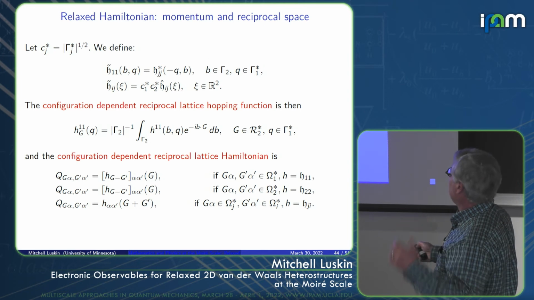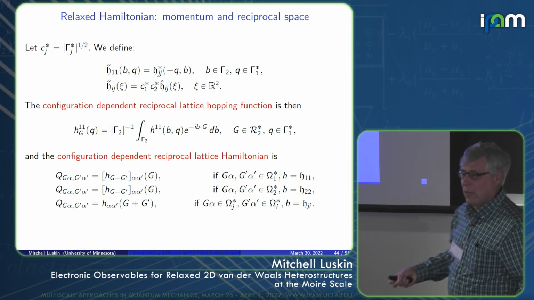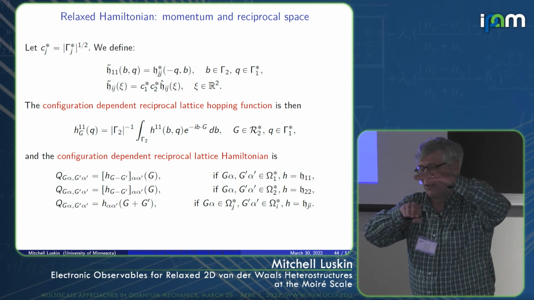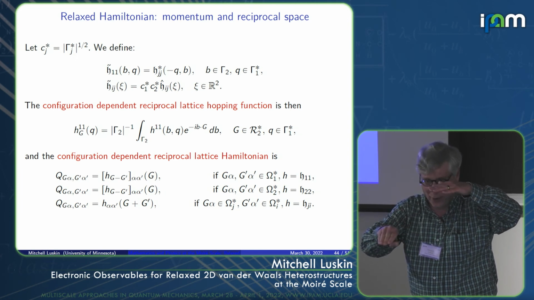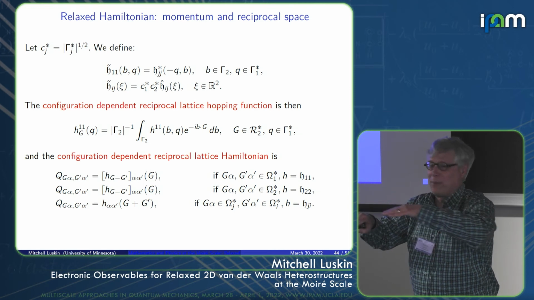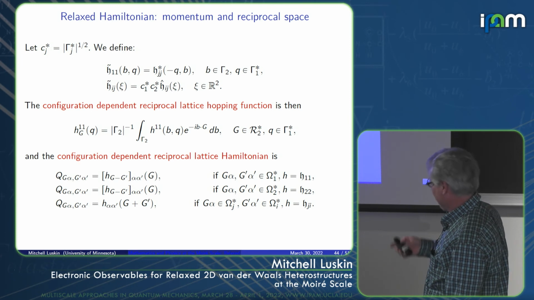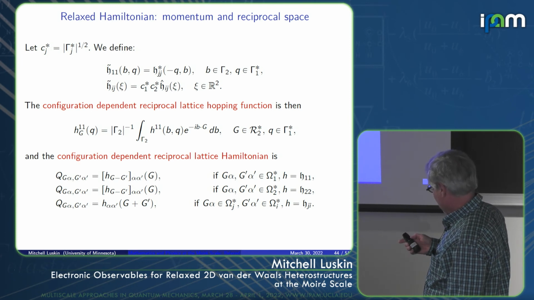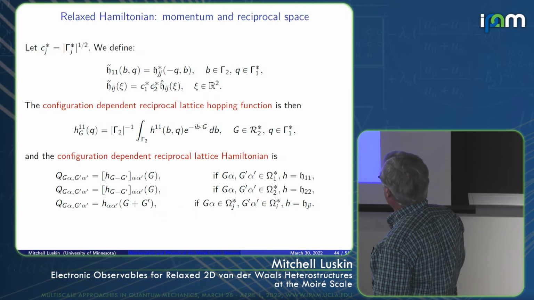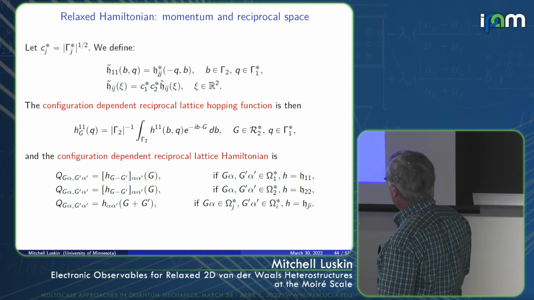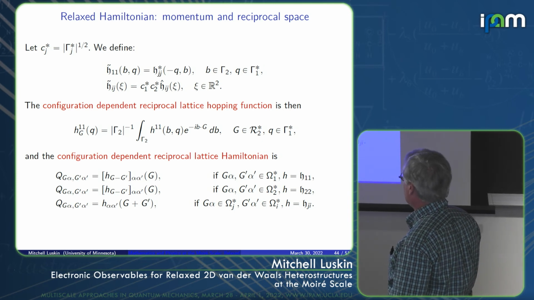What's annoying here is you get a bunch of minus Q's. That's because the disregistry of layer 1 with respect to layer 2 is like the disregistry of layer 2 with respect to layer 1, while on the other hand the wave numbers are defined consistently. So it gets a bunch of minus signs. That really is just annoying. I could pretend they're not there, but they are there. So in the end we get a configuration-dependent reciprocal lattice Hamiltonian. Boom, that's it.